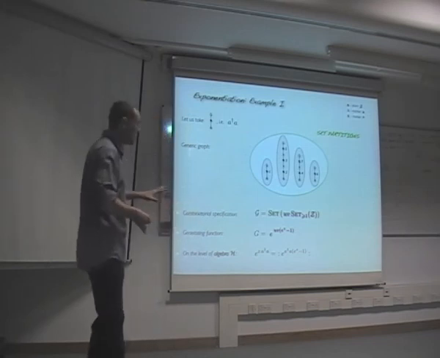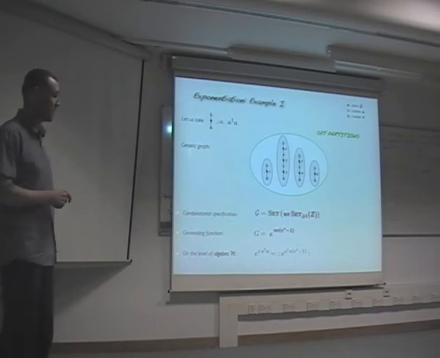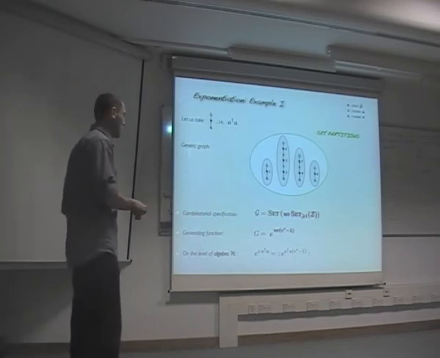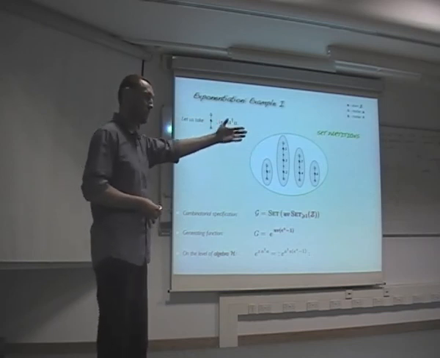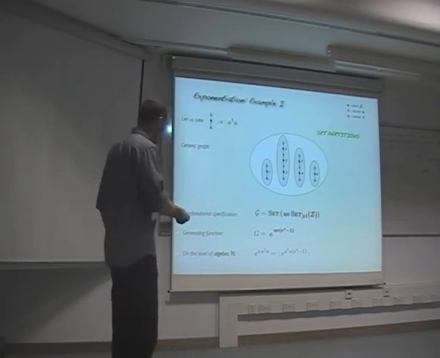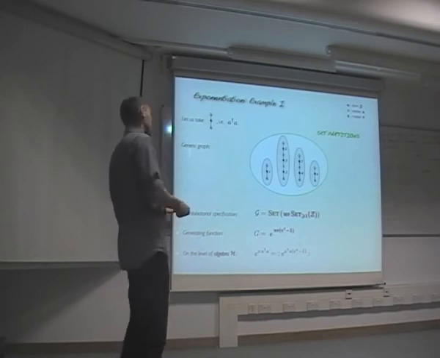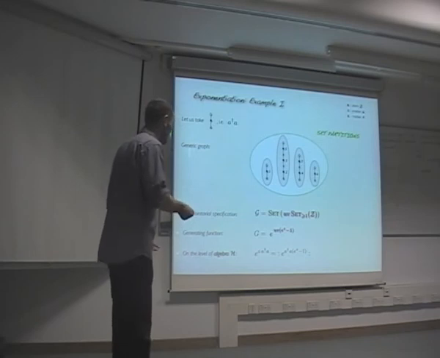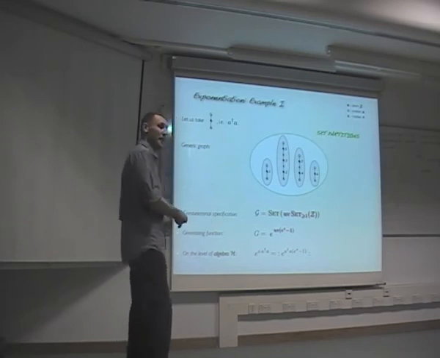It's no more complicated than that. This is a combinatorial specification. You translate it into generating functions according to the vocabulary which I gave you. This provides me with the exponential generating function, and then finally I replace U and V with A dagger and A, and that is the normally ordered expression for the exponential of A dagger A.